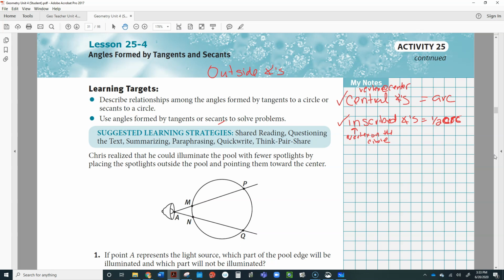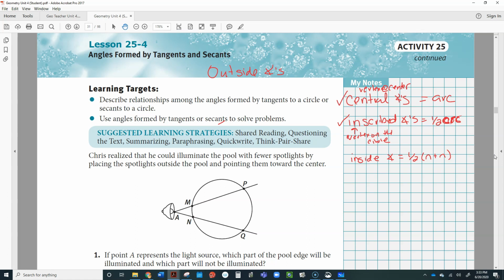Then, not a vocabulary word, just a Miss Burkett word, is an inside angle, an angle formed inside the circle. If it's formed inside the circle, then the angle is equal to half the sum of the arcs. You add the two arcs together, okay?